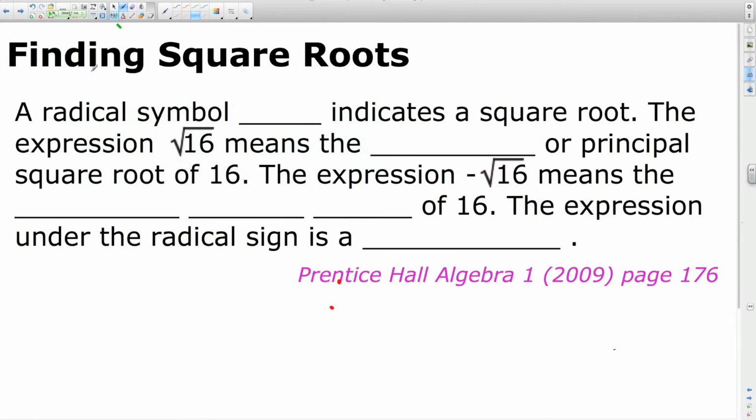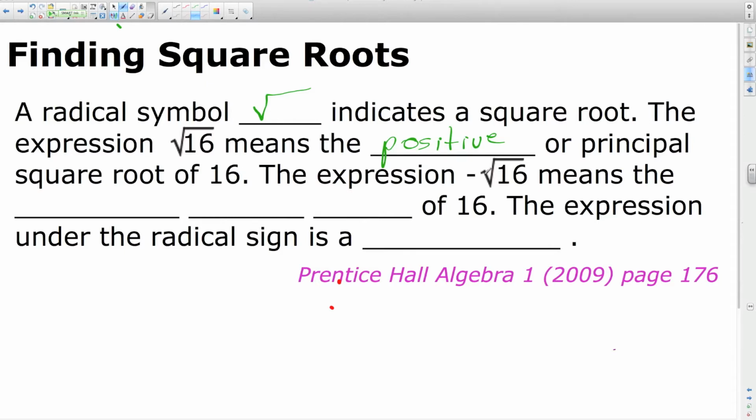Here we're still finding square roots. We're going to talk about the symbols and some key vocabulary that you need to understand when working with square roots. A radical symbol indicates a square root. The expression the square root of 16 means the positive or principal square root of 16.